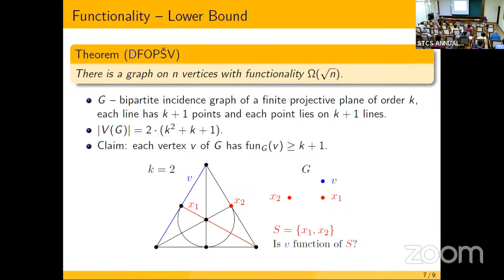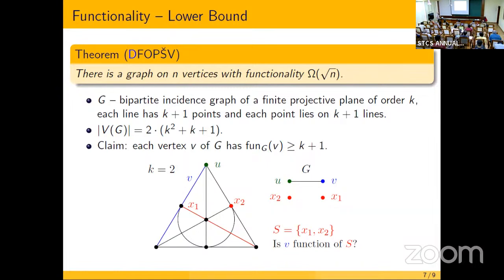So the question is, is V a function of S? We will show that it's not, because we will find 2 vertices that are not connected to S at all, but one is connected to V and the other is not. So this will disprove that V is a function of S.